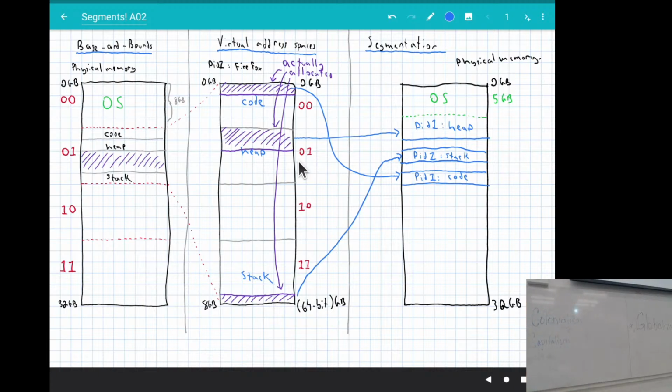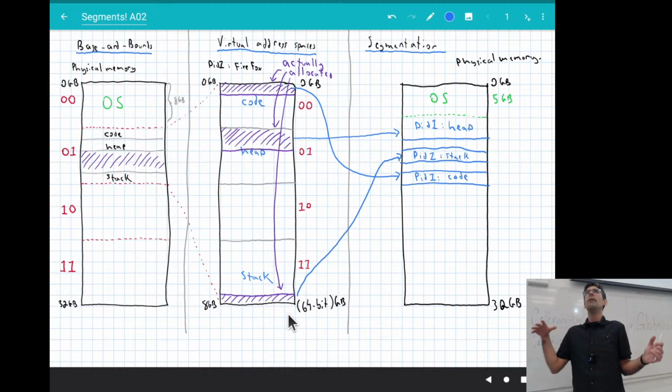So now the setup that we've got is that with base and bounds, process ID 1, which was Firefox, had a virtual address space that was 8 gigabytes in size, and we stuffed the entire thing into our physical memory here. Now I've got this virtual address space that is effectively unlimited in size. 64 bits is so mind-bogglingly big, and in 50 years, we'll all be looking back and saying, ha, that's ridiculous.